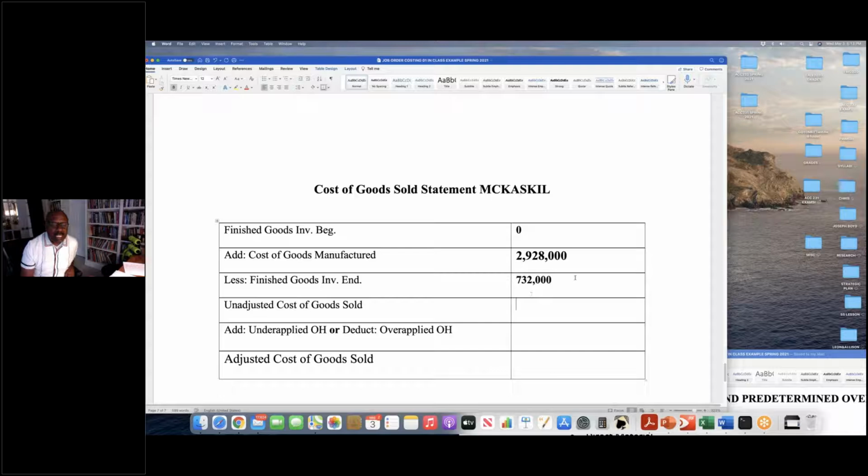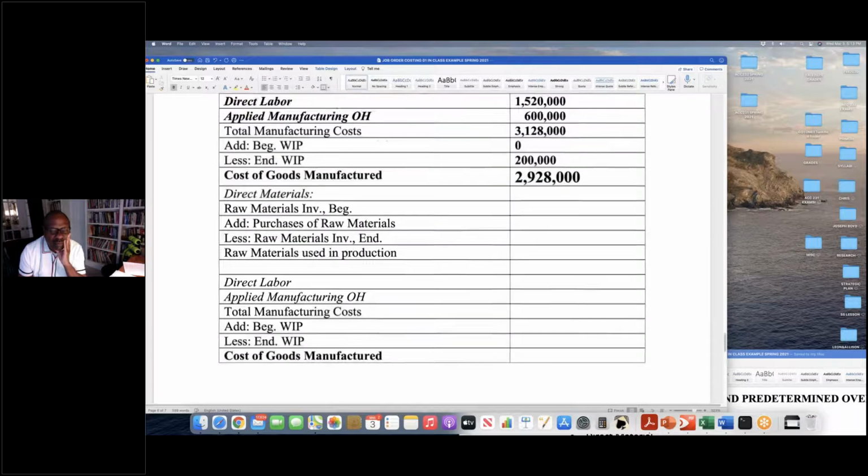So our unadjusted cost of goods sold is 2,928 less 732.